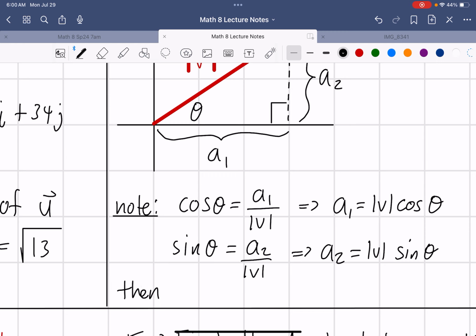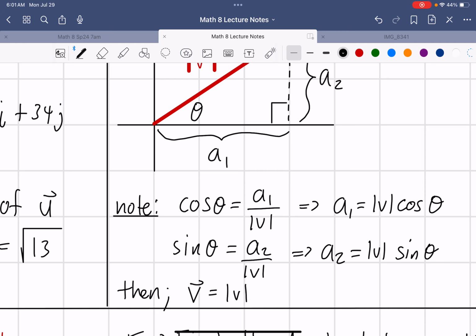Which means I can write vector v, instead of writing a sub 1 and a sub 2, I can write the magnitude of v cosine theta i, because again, that number is going to scale the vector in the x direction.